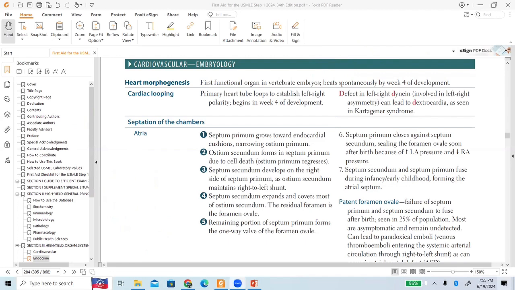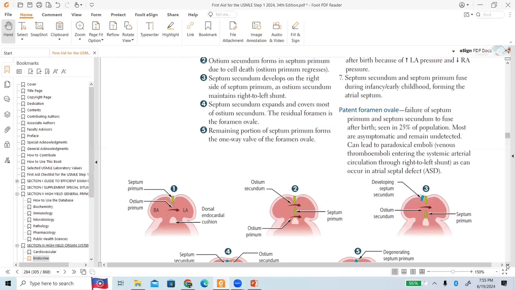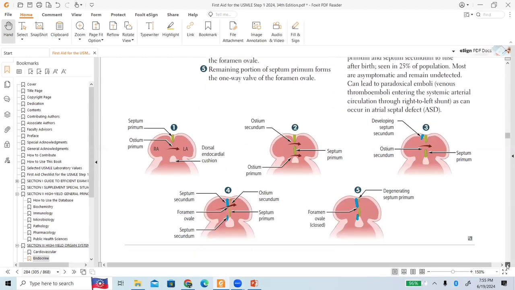So septation of the atria. Just focus on this picture. I'm explaining this picture for you. The overlapping things are important. So this is the septum primum, right? And this is the endocardial cushion, right?